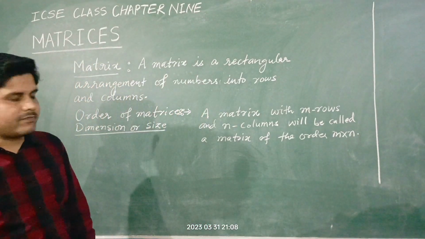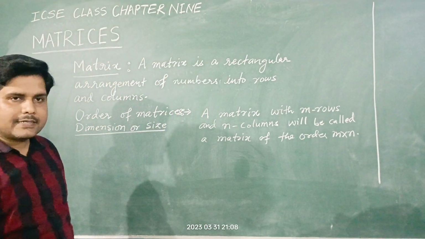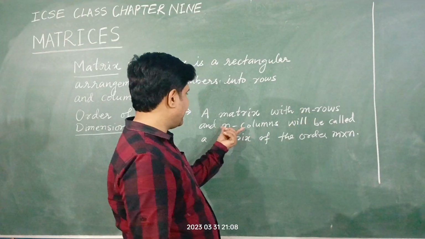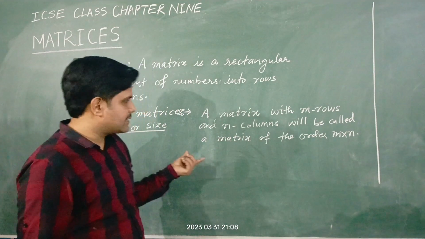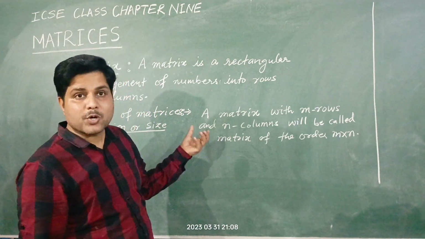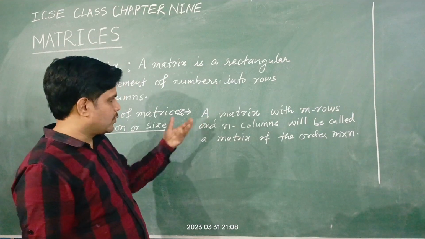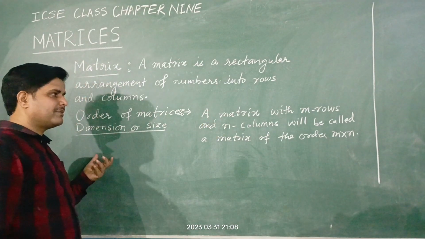So in order to simplify this, I will just say that if in a matrix we have m rows and n columns, then the matrix is said to be of m cross n order. This is a very simple concept. So we can also call it, what is the dimension of the matrix?